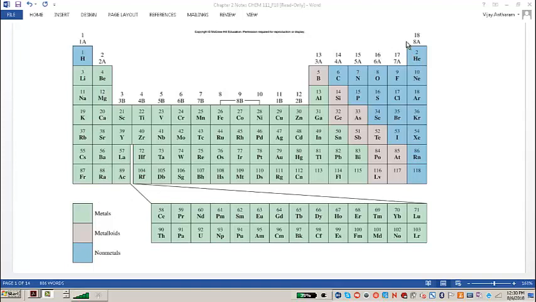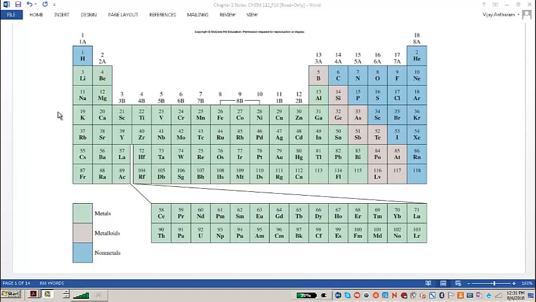I'm going to skip over here to group 17 or group 7A, and those are known as the halogens: fluorine, chlorine, bromine, iodine, and this one here, astatine. Of course, we know the halogens mostly by these 4. And then another term for this last group, group 18 or group 8A: helium, neon, argon, krypton, xenon, and radon. These are the noble gases, also known as the inert gases.